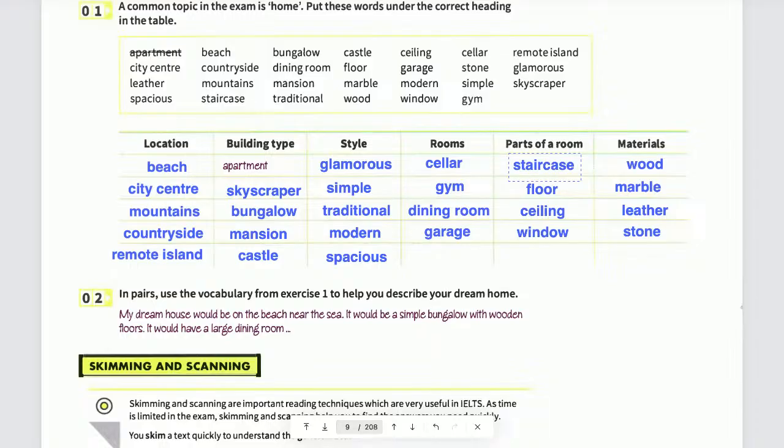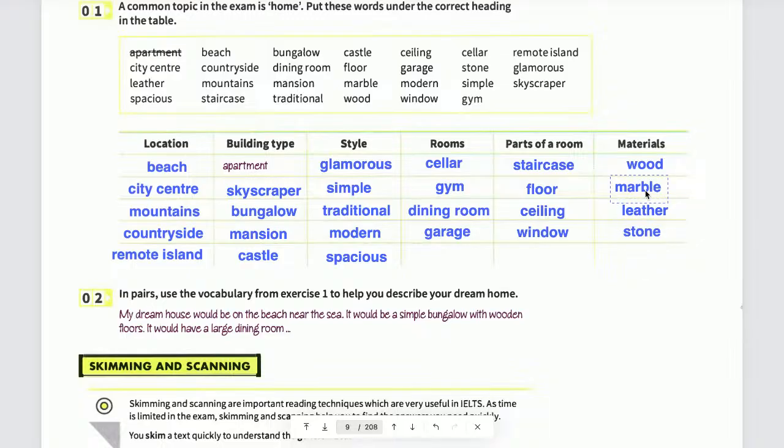Parts of a room. Ceiling, yes. Window, yeah. Floor. Yeah, staircase. Materials. Ladder, okay? Stone.